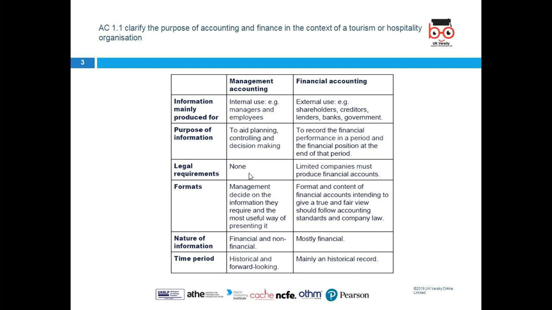As for nature of information, management accounting uses financial and non-financial information, but financial accounting is mostly financial information. As for time period, management accounting has no set time period; normally we record transactions based on the present and future, but financial accounting uses all historical data, past information, what happened in the past. Any question?